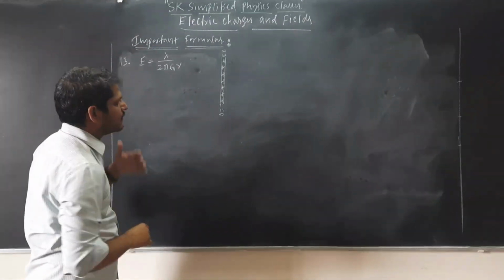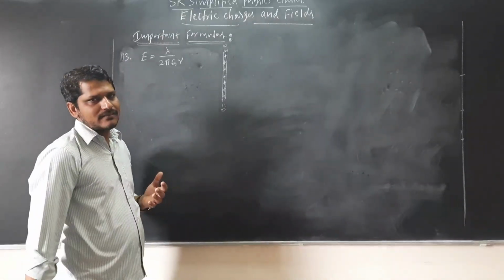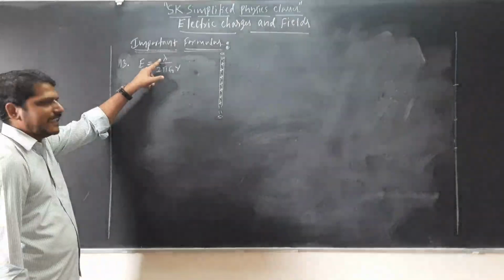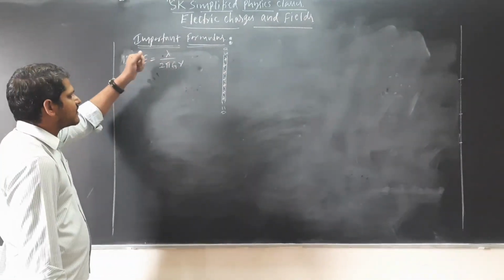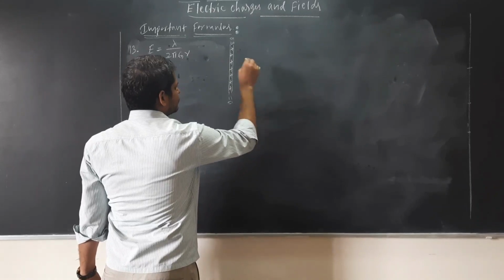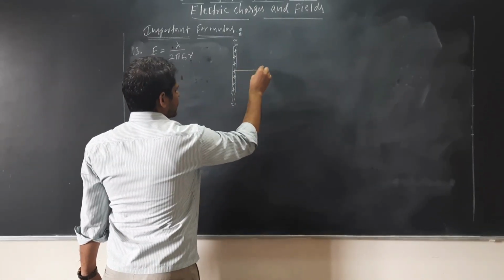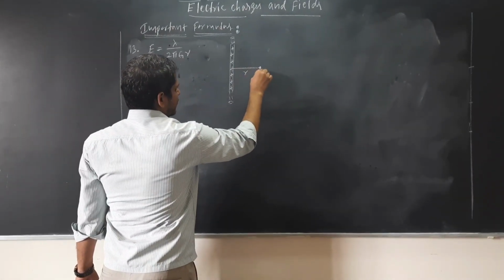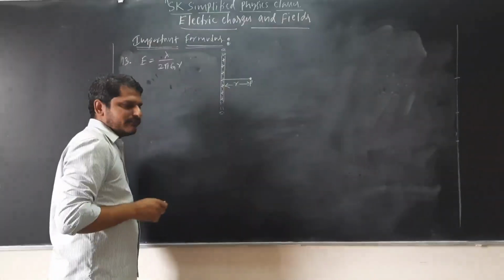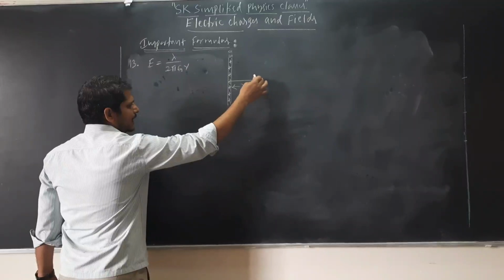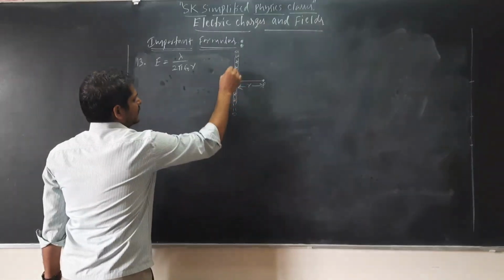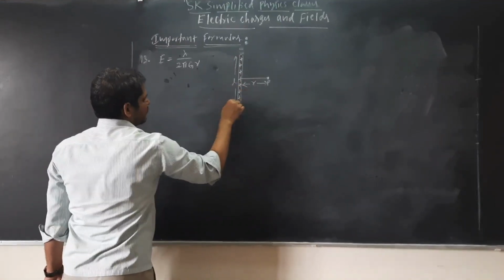The charge density may be positive or negative. Lambda is the linear charge density, as we have discussed earlier. R is the distance at which we calculate the electric field. P is the point, and this is the distance from the infinite wire to the point at which we have to calculate the electric field. Here L is the length.